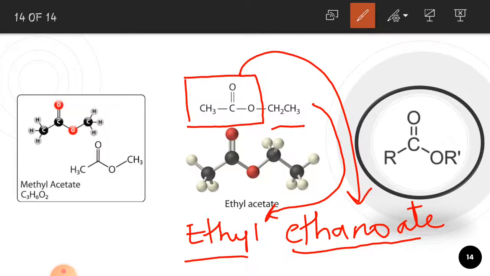If you look at the name of this compound, you will observe that it ends with the suffix -oate. So, all the organic compounds whose name ends with -oate will be classified as esters.